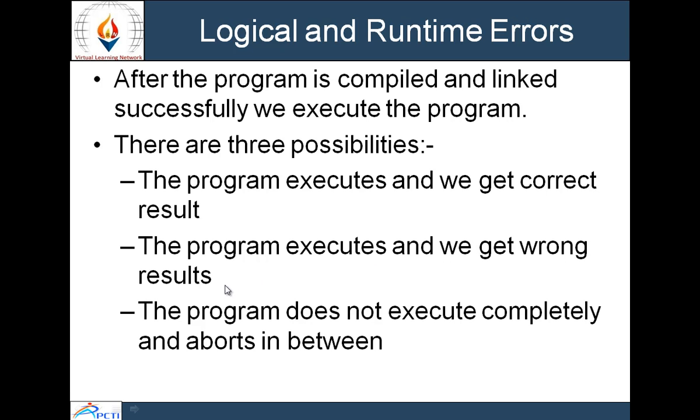It means that there is some logical mistake in our program. This kind of error is known as a logical error. Third, the program doesn't execute completely and aborts in between. This kind of error is only detected during execution. Such errors are also called runtime errors. These errors don't produce the results at all.